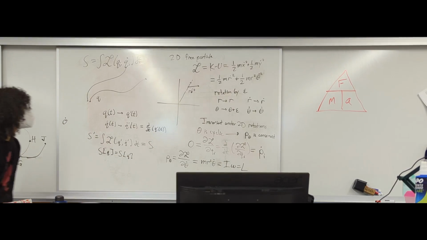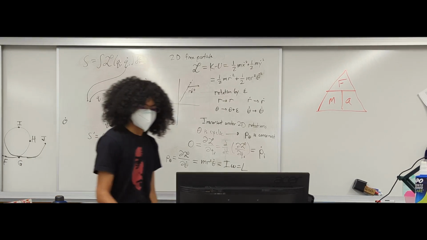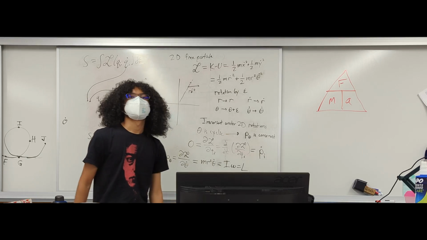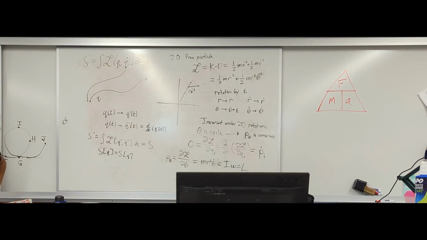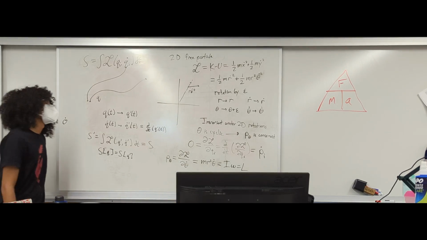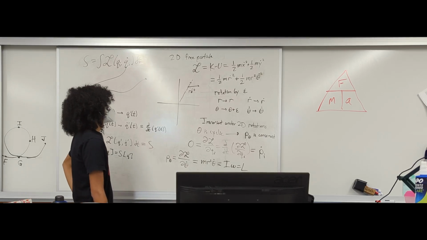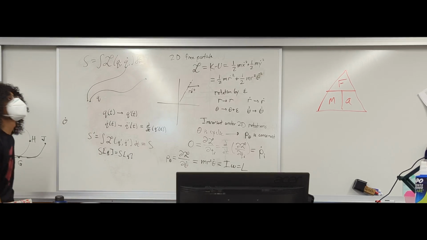Okay? So would you see this example as a confirmation of the validity of the Lagrangian, or rather a confirmation of the validity of conservation of angular momentum? Depends how you want to look at it.